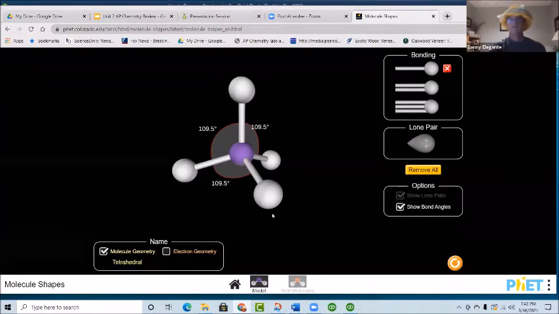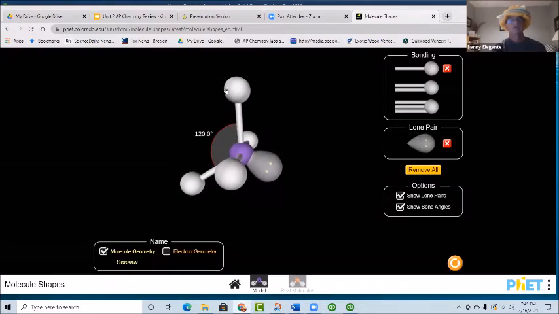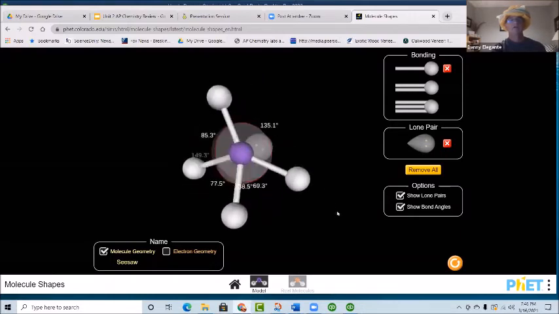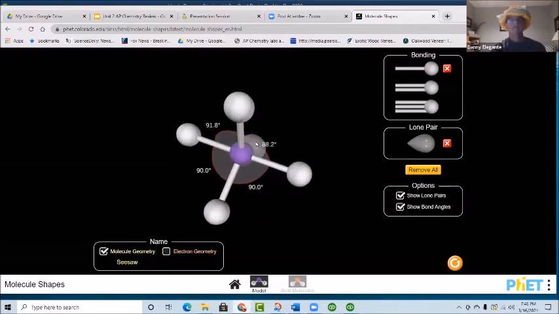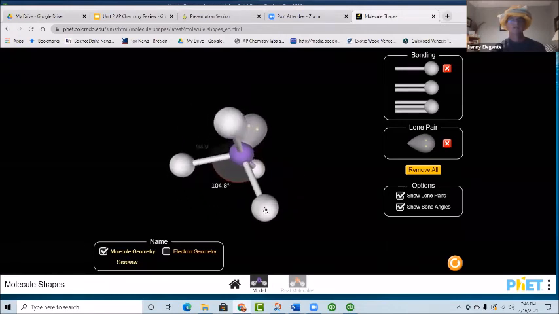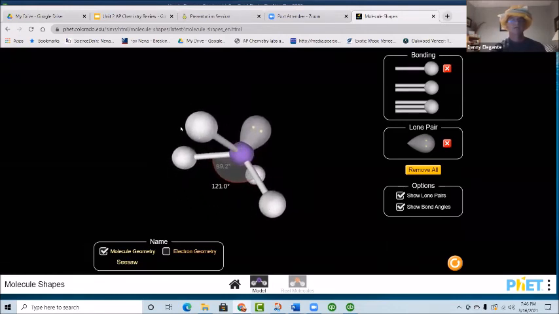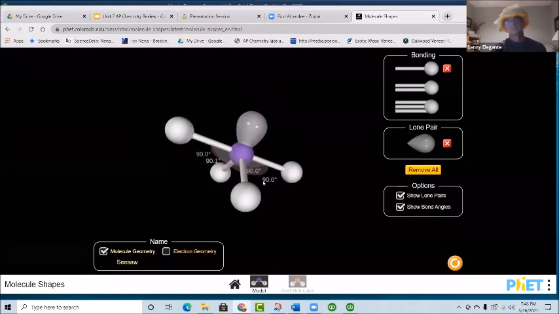Now, the only difference between CF4 and SF4 was one more lone pair. So if I add a lone pair, you'll notice that this becomes what I call teeter-totter, because that's what they were called when I was a child, and you guys call seesaw.